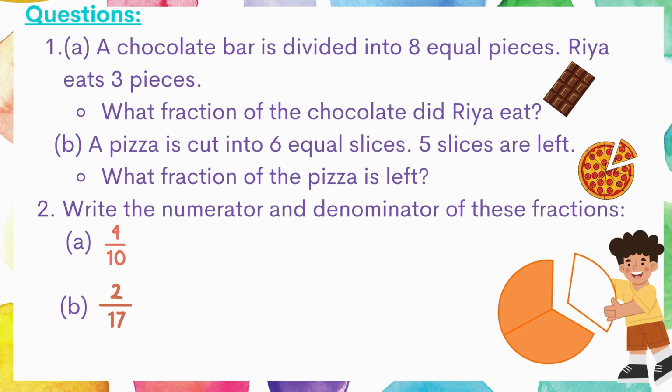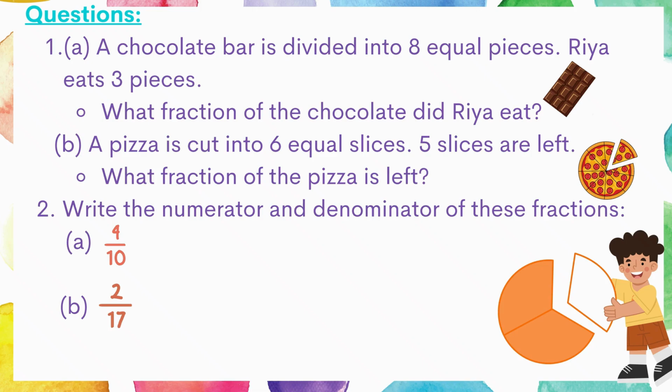Now a quick question. A chocolate bar is divided into 8 pieces. Ria ate 3 pieces. What fraction of the chocolate did Ria eat? Have you any guess? Can anyone suggest how much chocolate Ria ate? Yeah, good job.